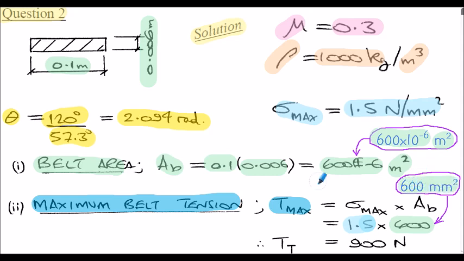You can use the unity bracket if you require to check that conversion. I could have also converted the maximum stress into meganewtons per meter squared, but I chose to convert the area here into millimeters squared because I knew the conversion, that's all. So that evaluates to a Tt value, a maximum tension value of 900 newtons.